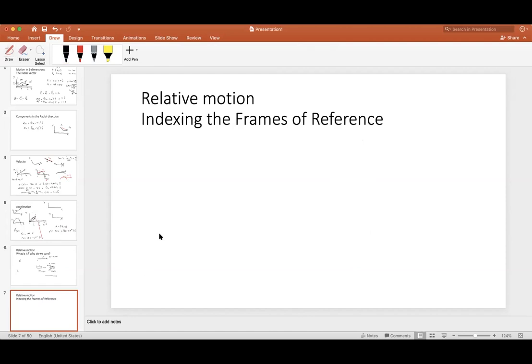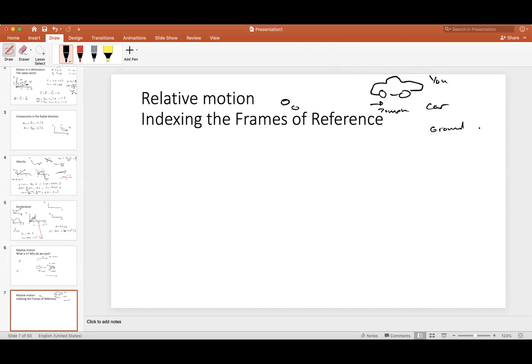But before we do that, we need to do what's called indexing frames of reference, okay? So what I would like to do is talk about you sitting in your car. There's the car, and there's the ground. And the ground is stationary, right? And your car is moving 20 miles per hour or 15 meters per second, whatever you want it to be, I don't care.